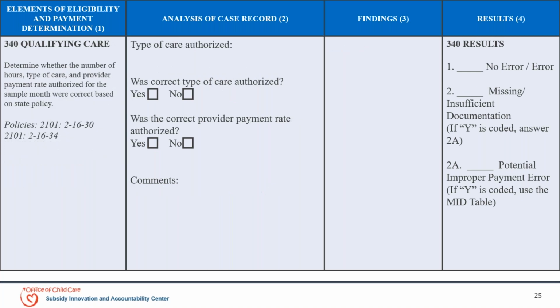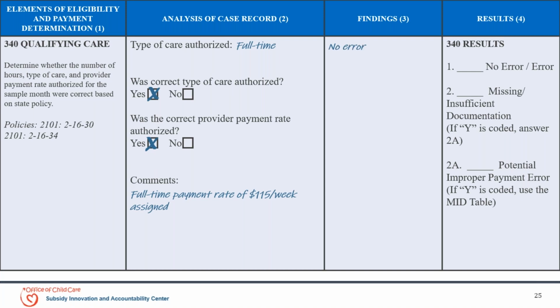All right, I'll stop for a moment on 340, since again, there was an error in the last example in 340. In this example, there was full-time care. The correct type of care was authorized. And in this example, the correct provider payment rate was authorized, so there's no error here. The full-time payment rate of $115 a week was assigned, so that's correct.